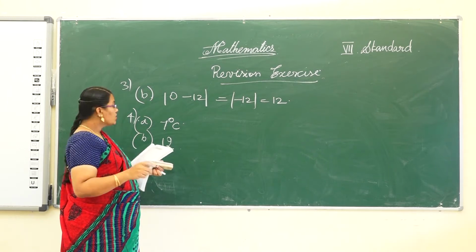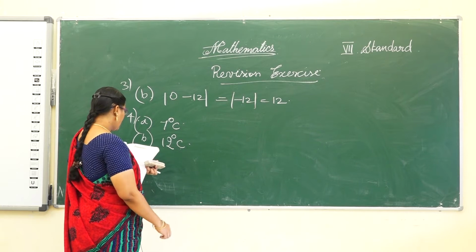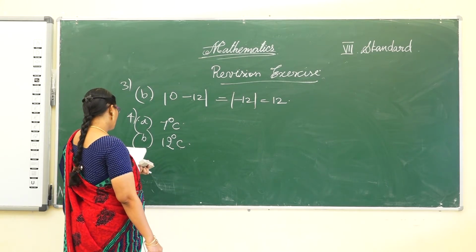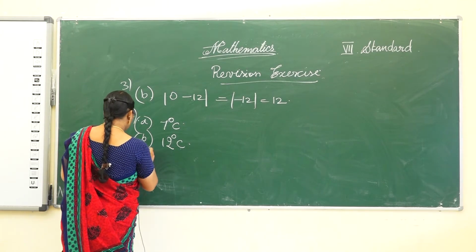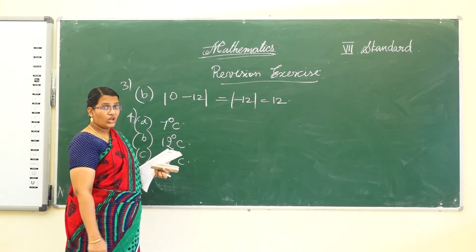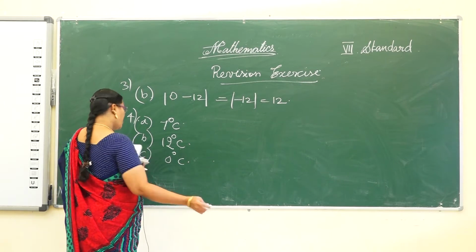So here the higher value is 12 degrees Celsius. And then C, 0 degrees Celsius or minus 30 degrees Celsius. Which is greatest? 0 degrees Celsius. Comparing 0 and negative numbers, 0 is the greatest value. Okay. And D is homework for you.